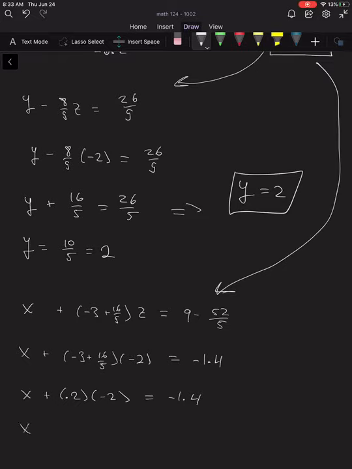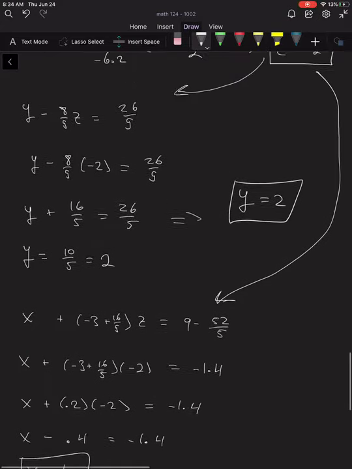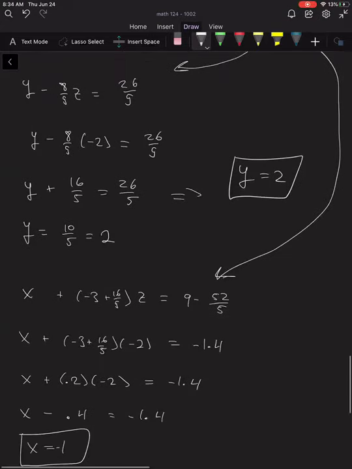So we have x minus 0.4 is equal to minus 1.4. And then we'll add the 0.4 over, so we're going to get x is equal to minus 1, sorry. So there we get all of our three answers: x is equal to minus 1, y is equal to 2, and z is equal to minus 2.